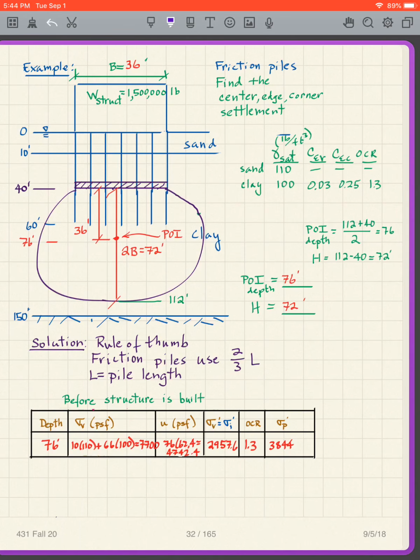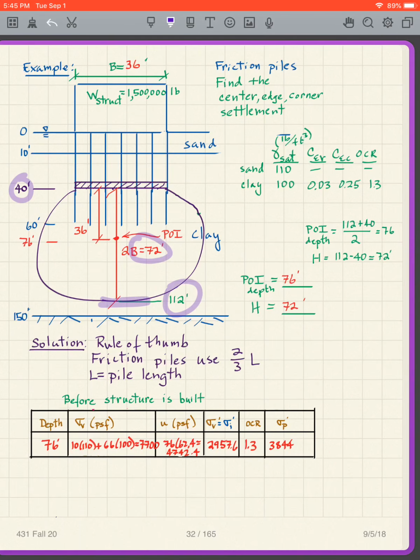So what do we find? The pressure bulb goes to a depth of 2B, which is 72 feet. B is 36. And since this is 40, and that's 72, that takes me to 112.